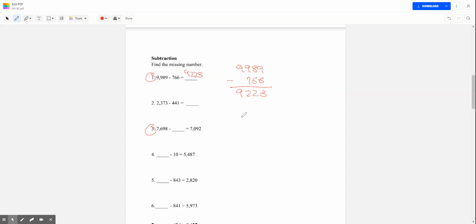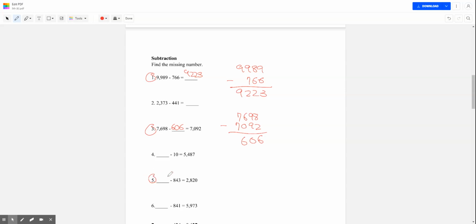So what we can do here is subtract 7,092 from 7,698 to get the blank. So 8 minus 2 is 6, 9 minus 9 is 0, 6 minus 0 is 6, 7 minus 7 is 0. So 606 is what we get for blank.